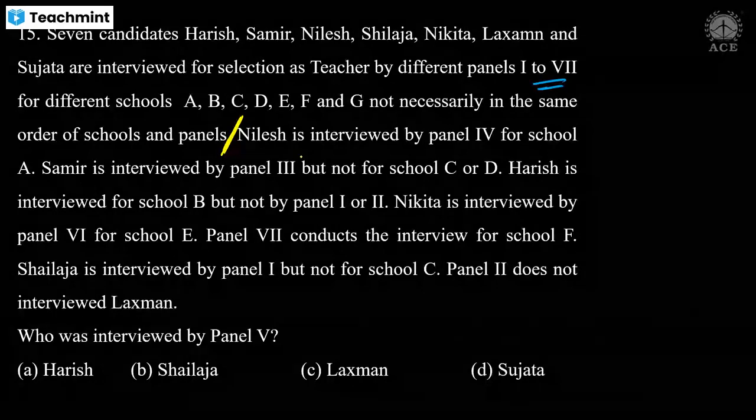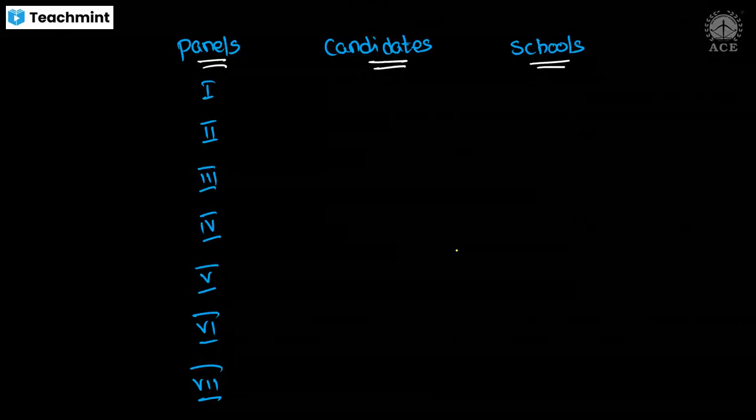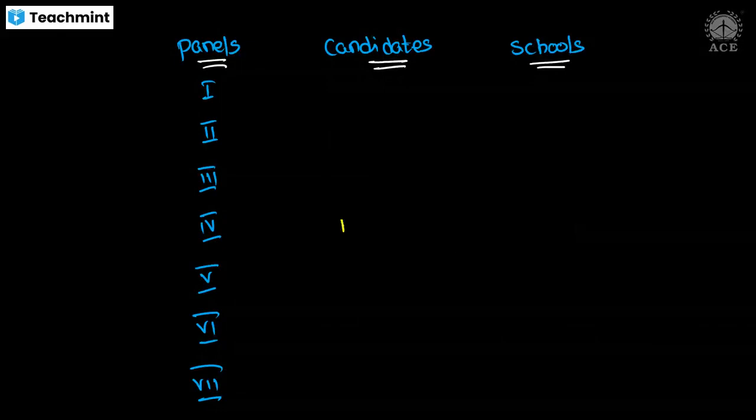First, map the direct data. Nilesh is interviewed by panel 4. So panel 4 candidate is Nilesh. Which school? We don't have an idea right now. First map the data, whatever is available, then we'll see trial and error later. That's important, my dear friends.